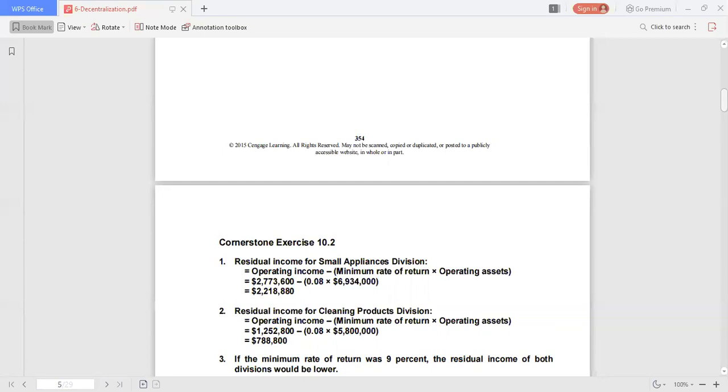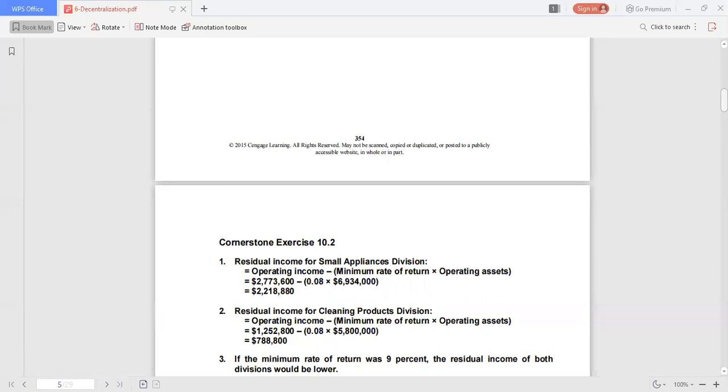So we have now the residual income for the small appliance: the operating income minus the minimum rate of return times the operating assets. So we have 2,773,600, that's the operating income.